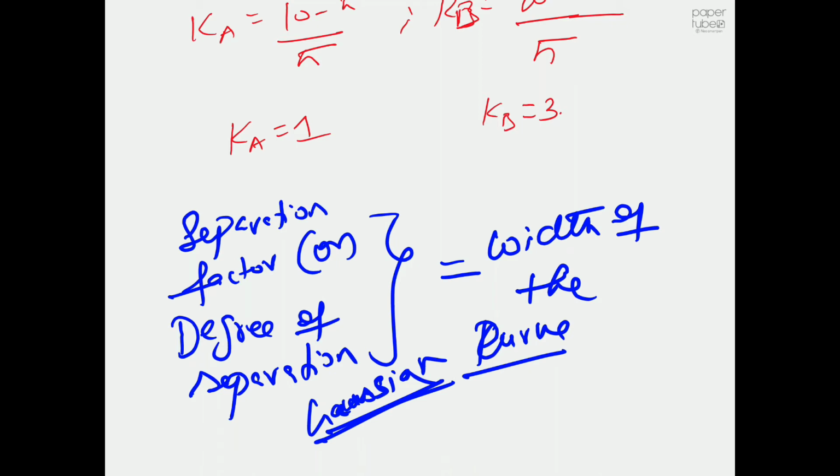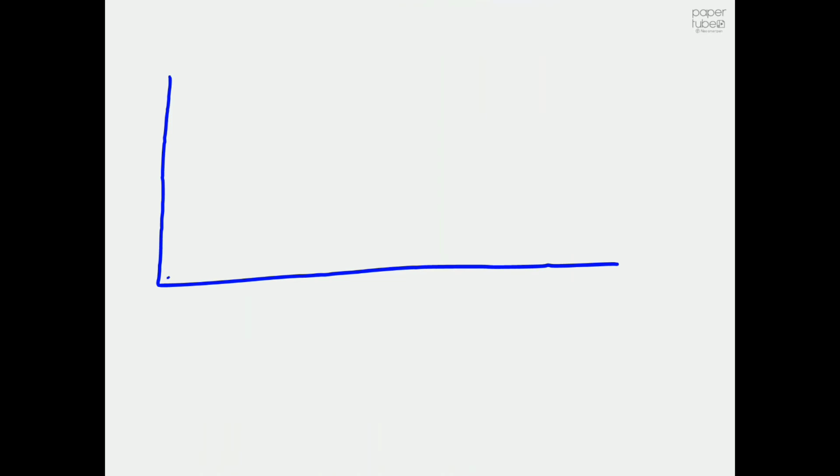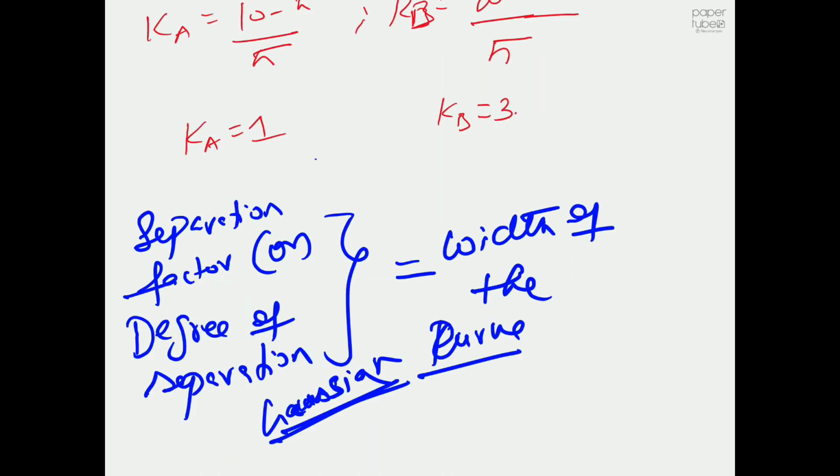So I already said what this separation factor is all about. It's related to the width of the peak. If you want, we can set a question right now. Let's say we have compounds A and B. I think I already solved a problem for you.